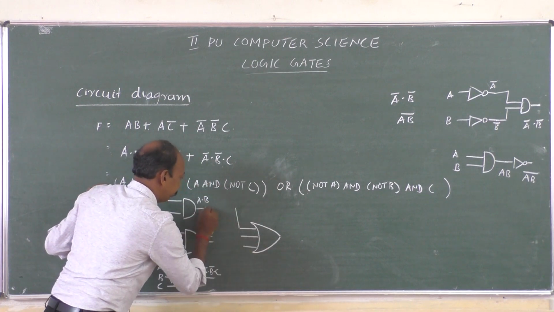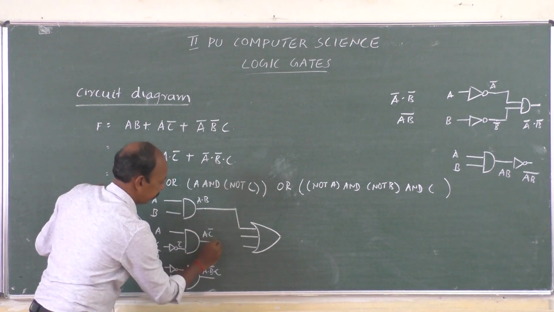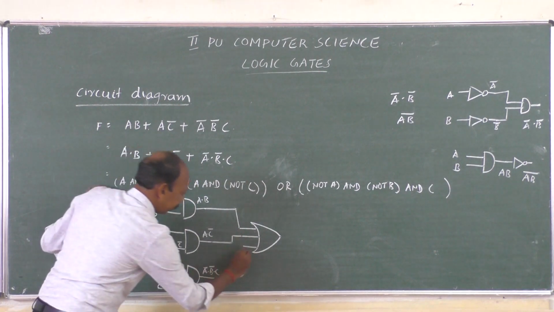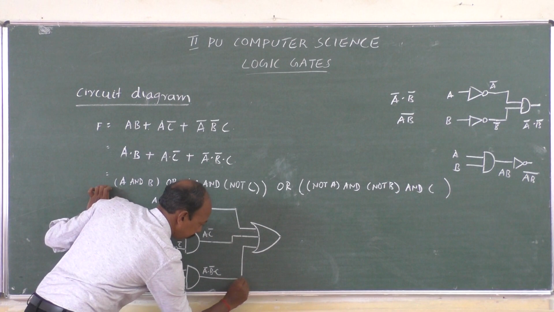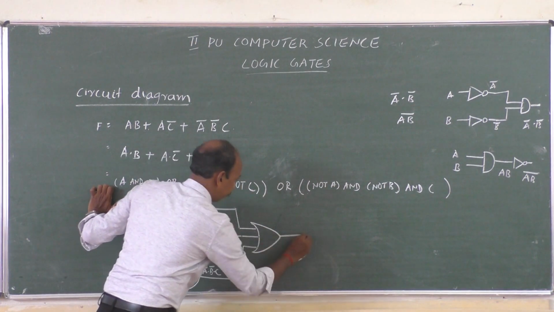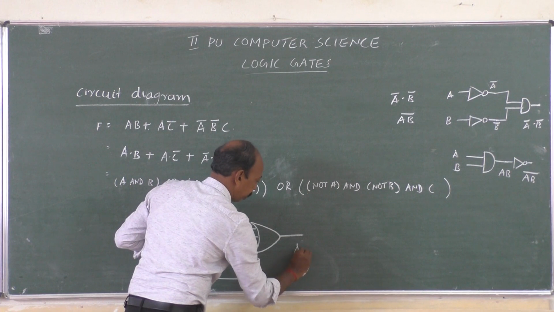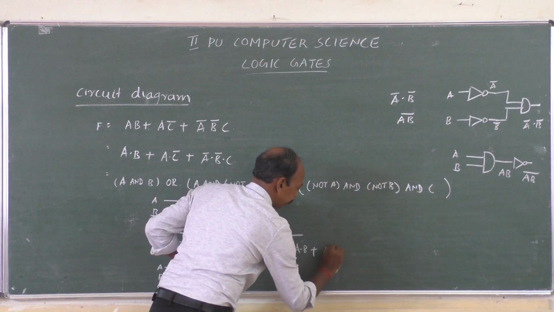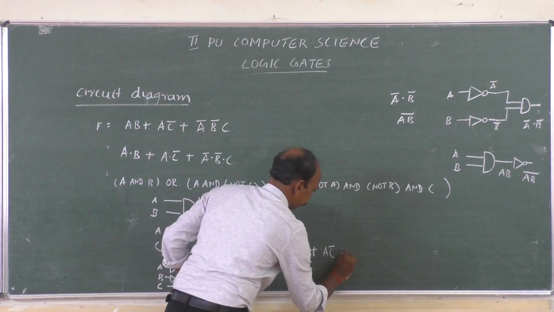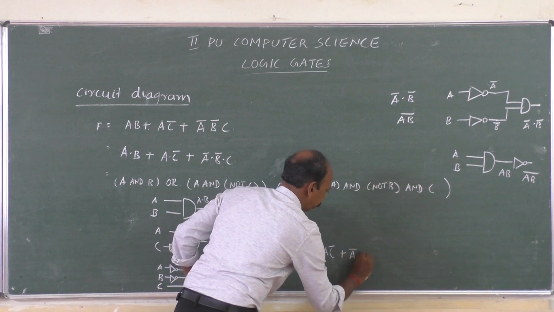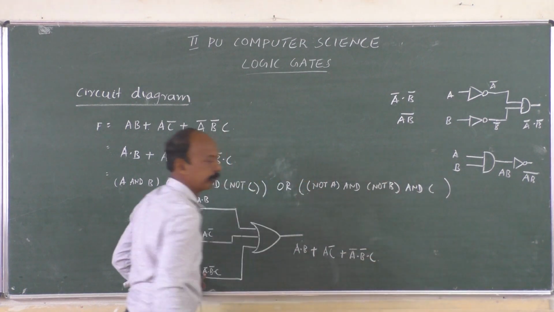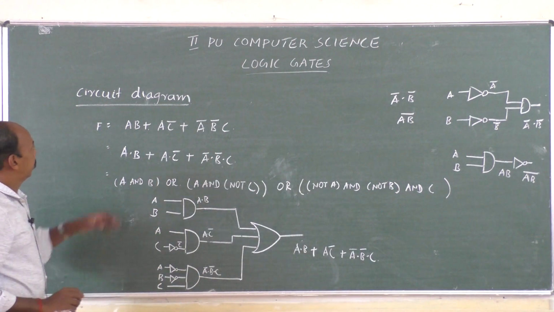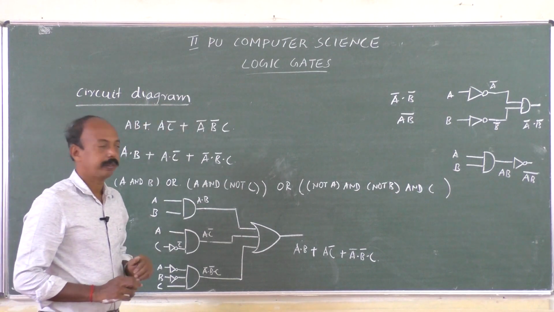First one will be this one, A dot B. Second one will be this one, and third one will be this one. So now it will be A dot B plus A C bar plus A bar dot B bar dot C. This is how this circuit diagram will be drawn.